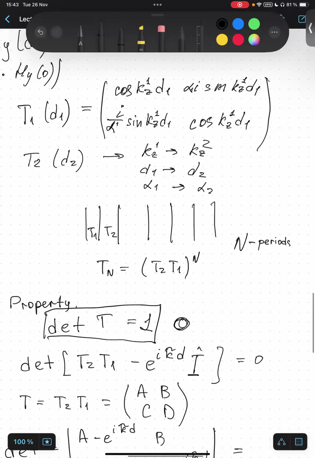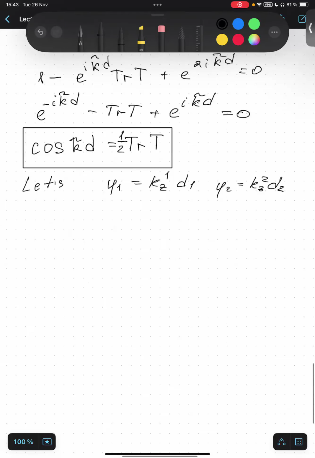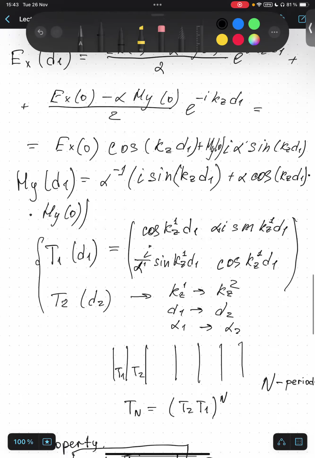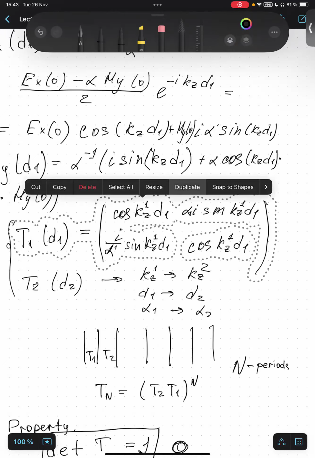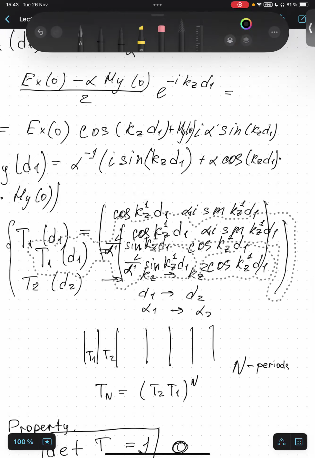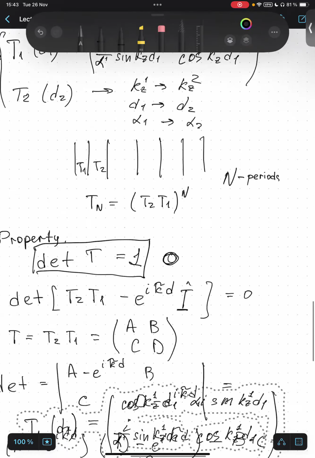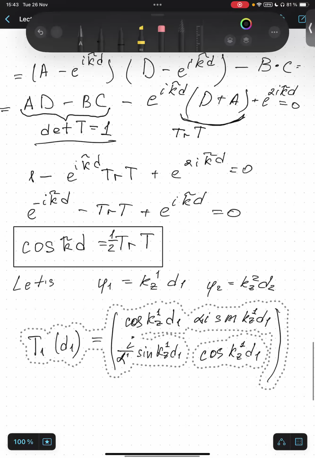So you basically have to multiply these two matrices and find its trace. It is quite easy. I just want to have it in my eyes.